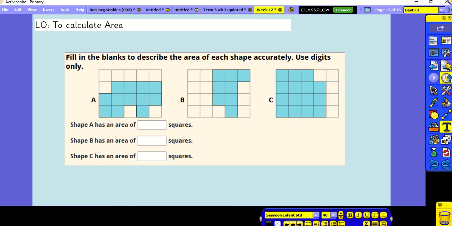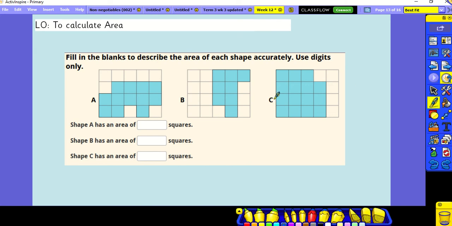The perimeter of a shape is the distance around the outside of the shape. So if I was to calculate the perimeter of these shapes, it would be 1, 2, 3, 4, 5, 6, 7, 8, 9, 10, 11, 12, 13, 14, 15, 16, 17, 18. So the perimeter of that shape would be 18 squares.